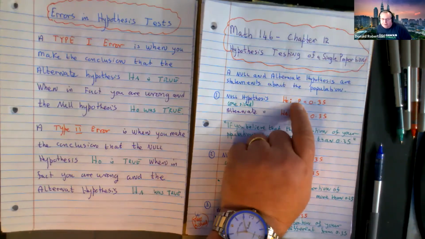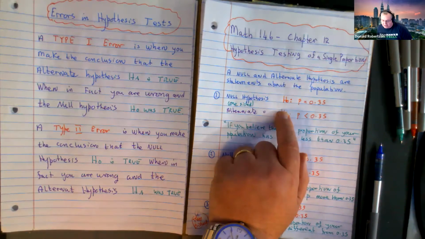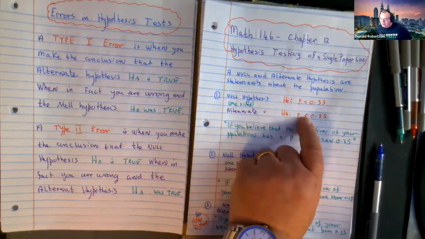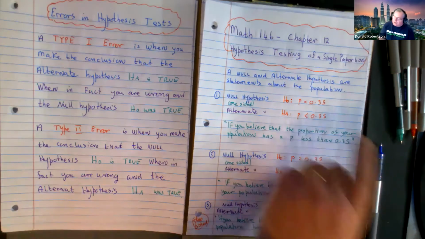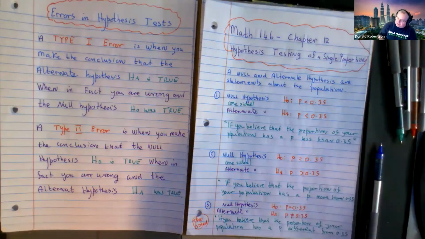So the proportion of Americans who have been to Canada is 35%. And the other theory is that the proportion of Americans who have been to Canada is less than 35. So either it is 35 or it's less than 35, right? You can't be both.